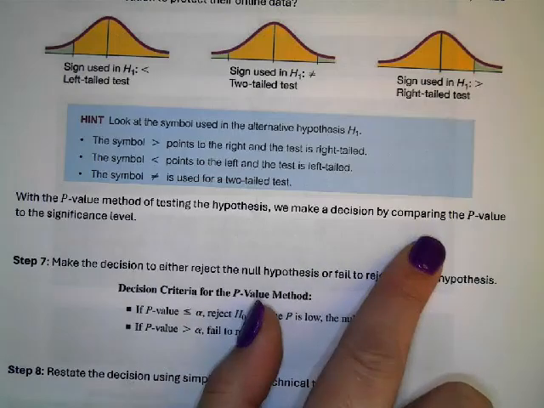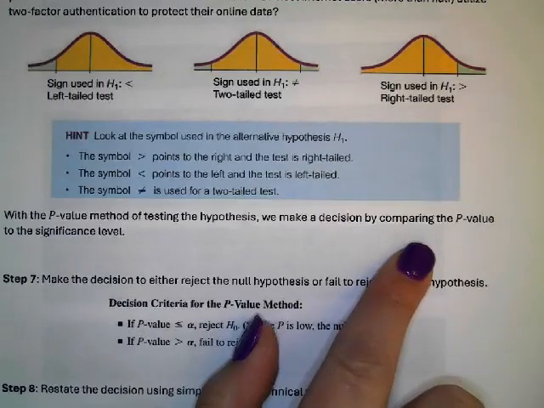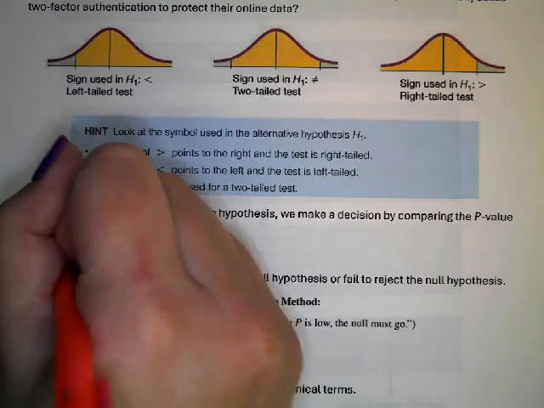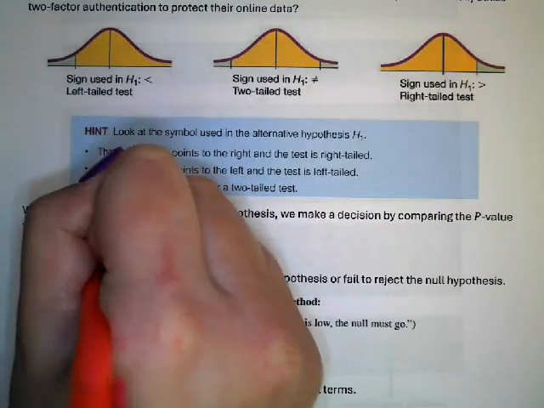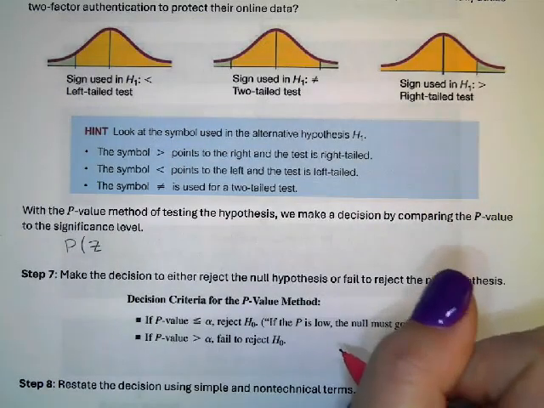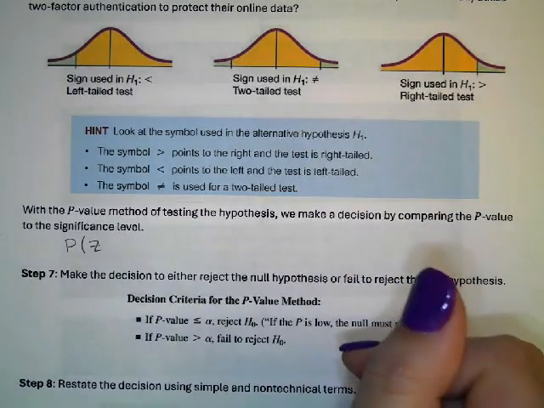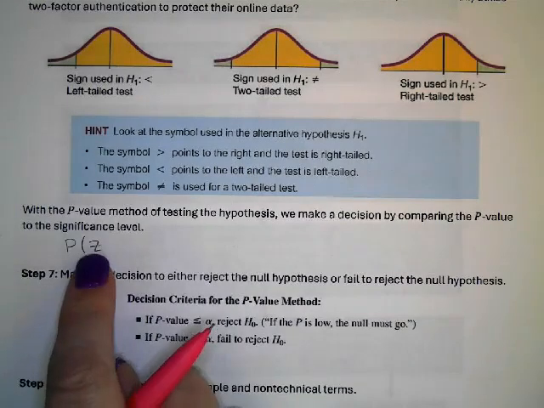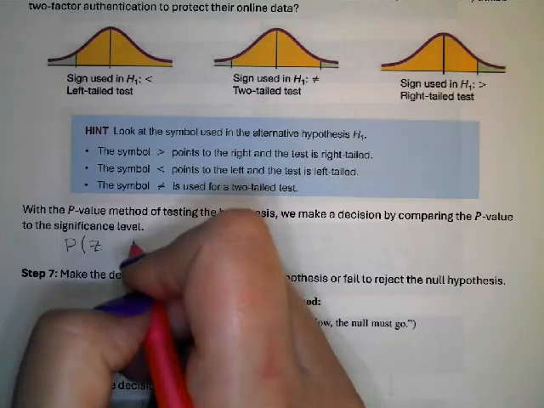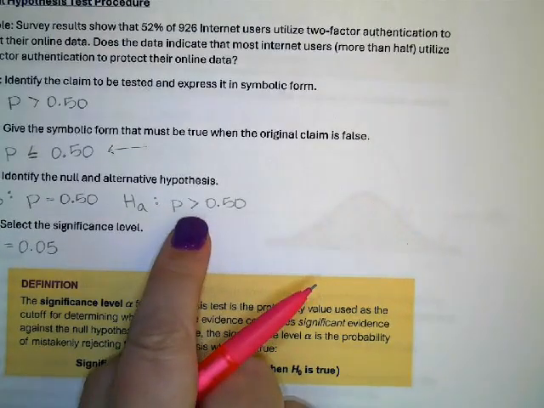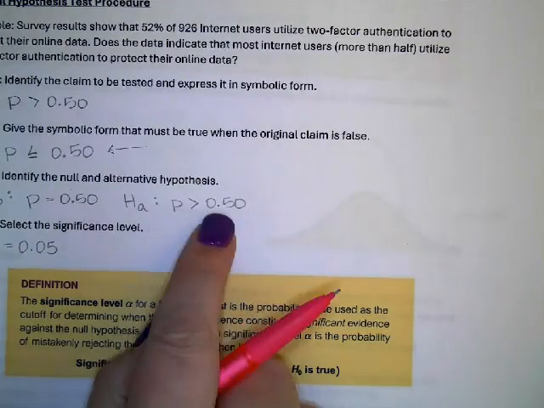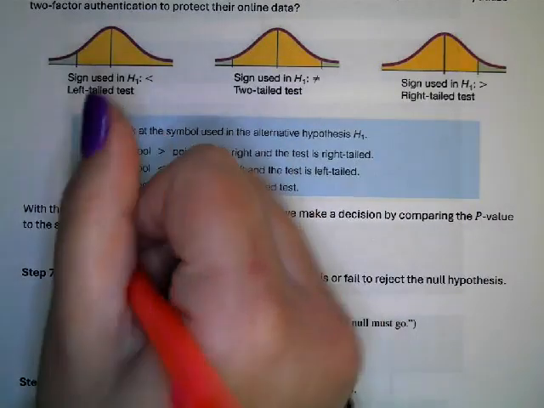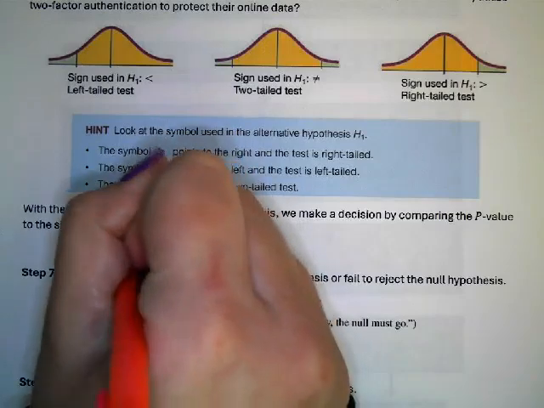We calculate the p-value by finding the probability that the z-score we found is greater than, less than, or not equal to, depending on how we set up the original hypothesis. Here our alternative hypothesis was that p is greater than 0.50, so we want the probability that our z-score is greater than 1.22, because that was the z-score that we found.